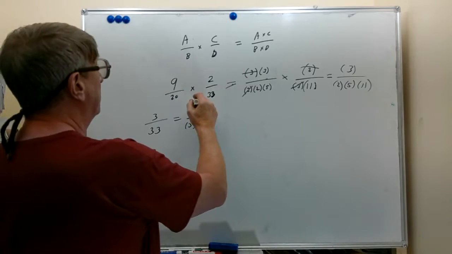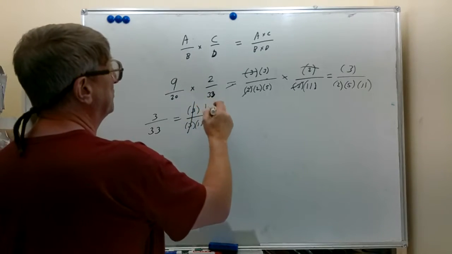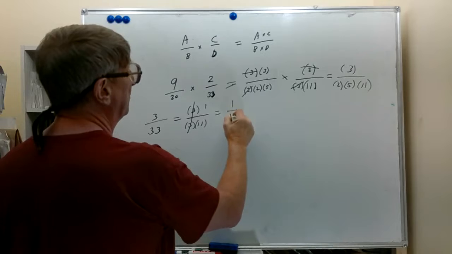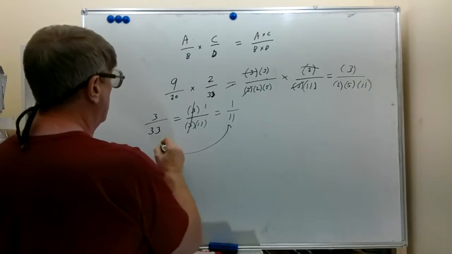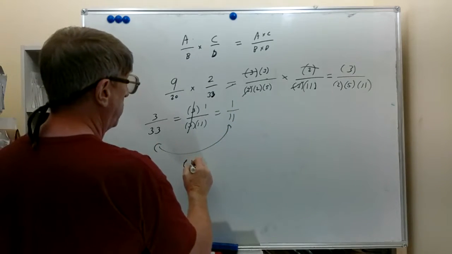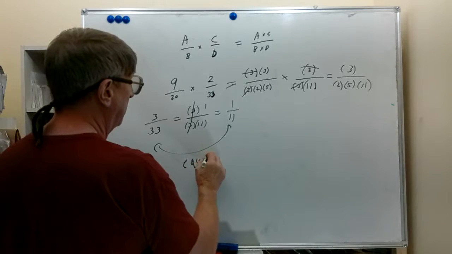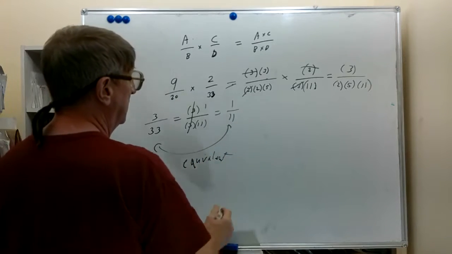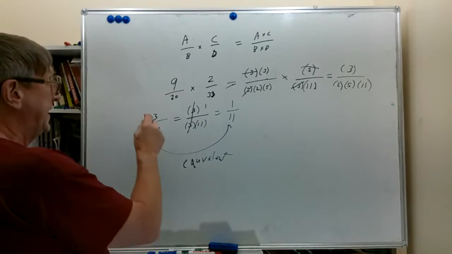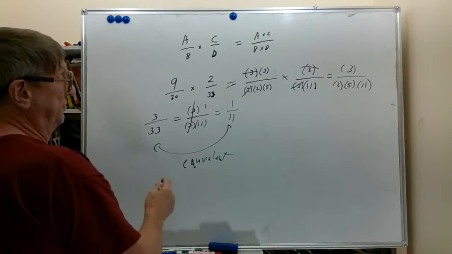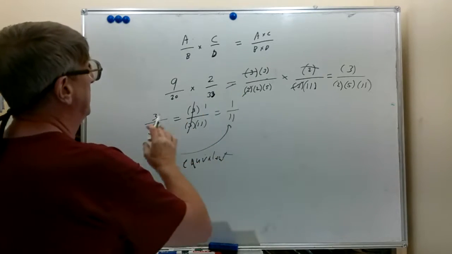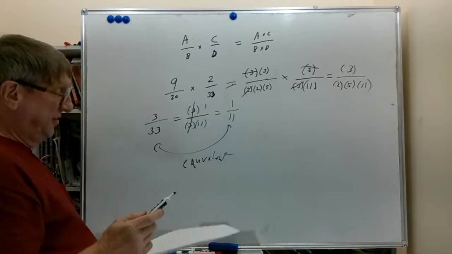Here we have a factor that we can cancel, replace it with a 1. We have 1 over 11. So these are equivalent. We had a prime, but it was not lowest terms. Now it's lowest terms. They're equivalent fractions.